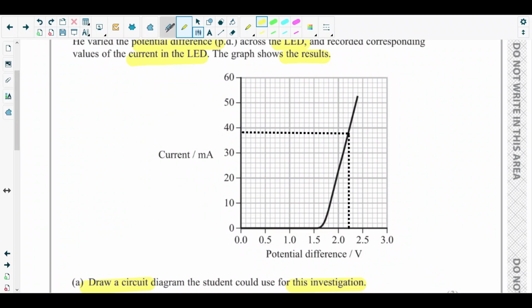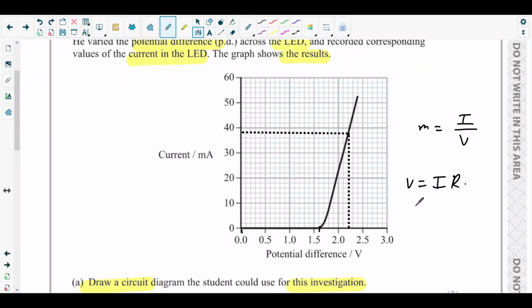Okay, so let's have a look at the I to V graph. So we can see that from 0 till 1.6 volt, is it 1.6 or 1.5? Yeah, 1.6 exactly. From 0 to 1.6 volt, if you consider the gradient of this graph, it is basically I over V, and we know that V equals IR.